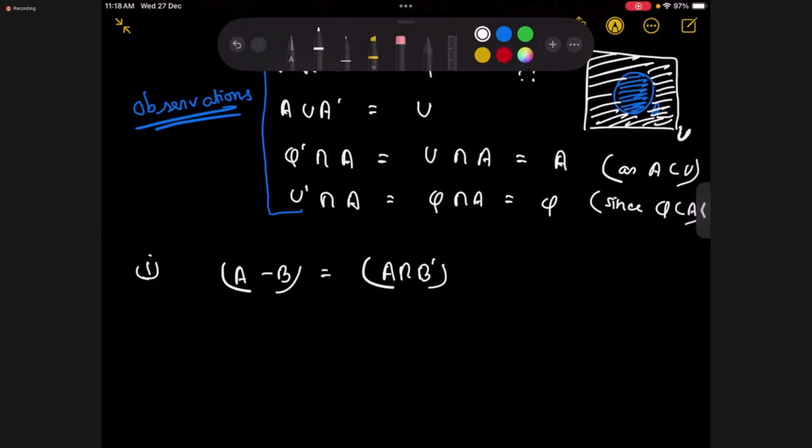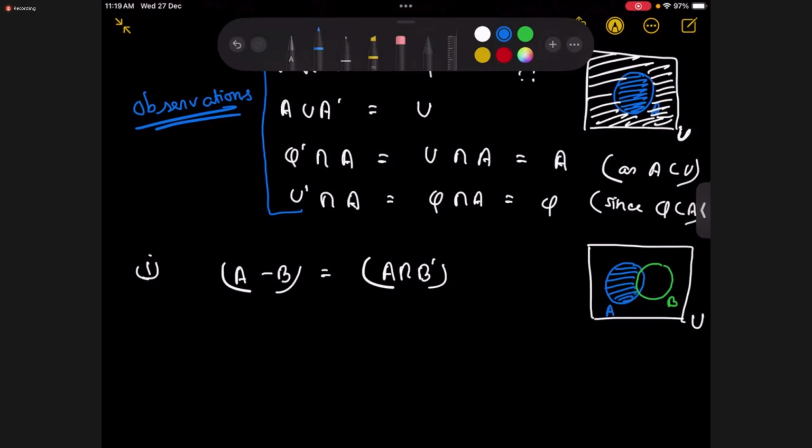So first of all, check this in a Venn diagram. This is our universal set U. This is the set A. This is the set B. So what about A minus B? A minus B is nothing but this set.